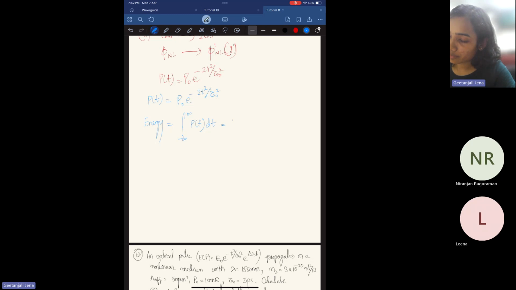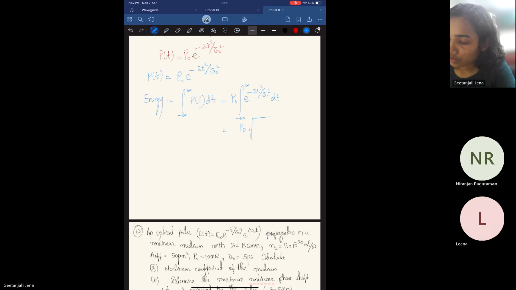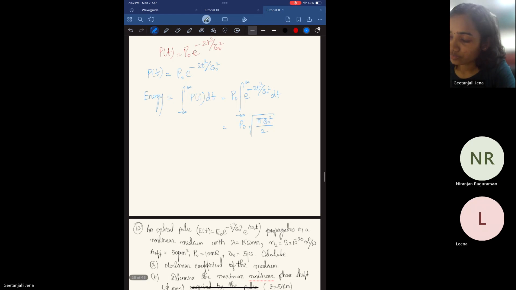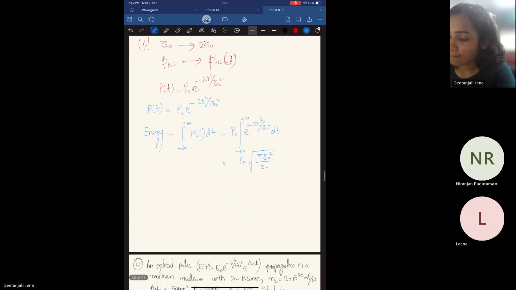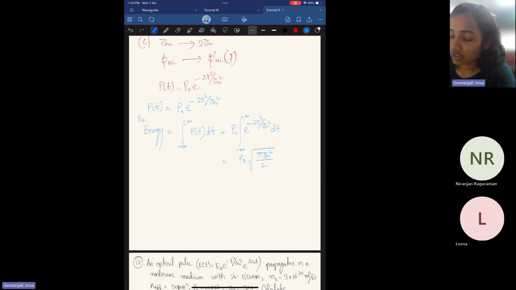So this will give P0 e to the power minus 2t square by tau 0 square into dt. So this will give P0 square root pi tau 0 square by 2. So before broadening, we have energy like this.